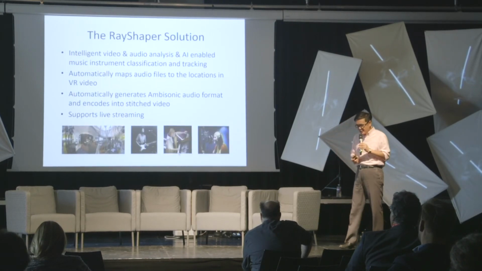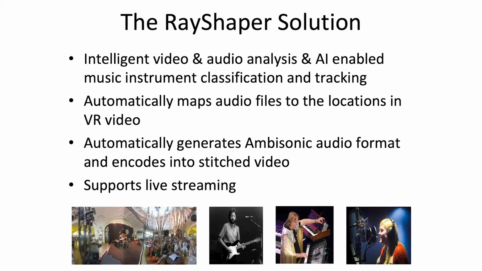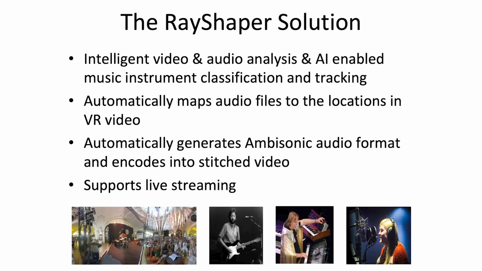But with our technology, because we have the depth information, we have AI-based recognition for both the instruments, visually and through audio profiles, we could automatically match the audio files to different locations, because we have the depth and directional information as well. This allows you to produce 3rd-order ambisonic video automatically, live. So instead of a manual process that takes a very long time, we could do this for live streaming as well.